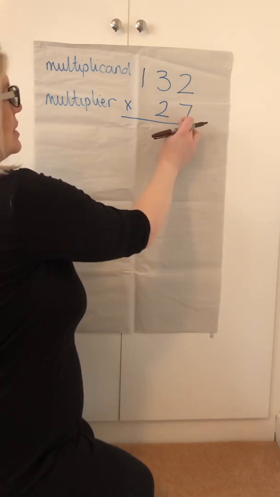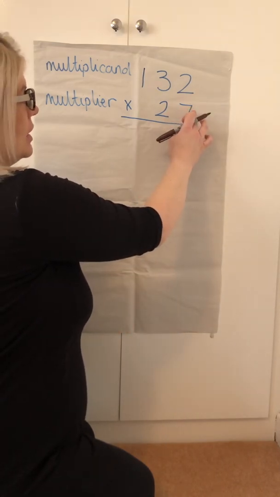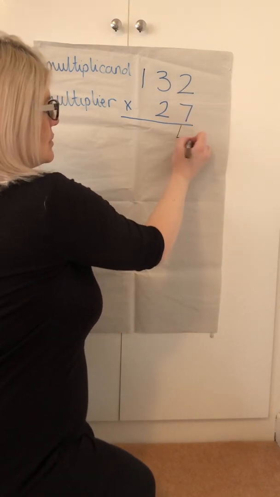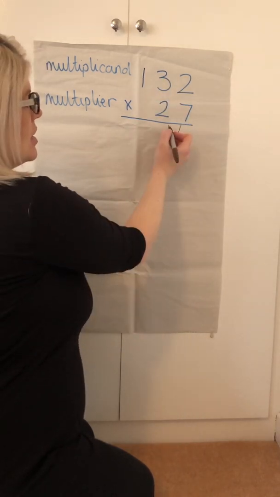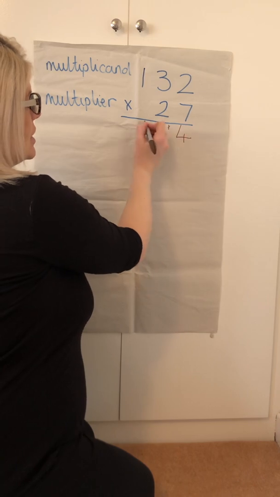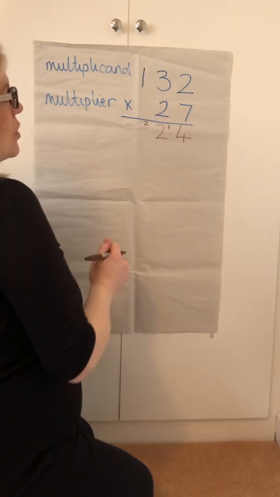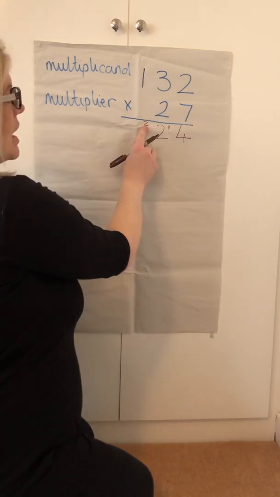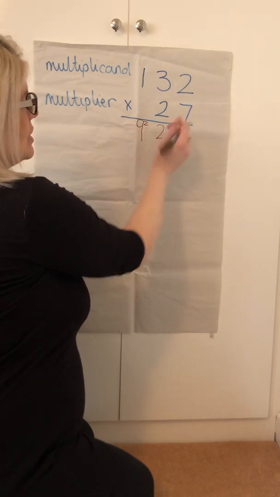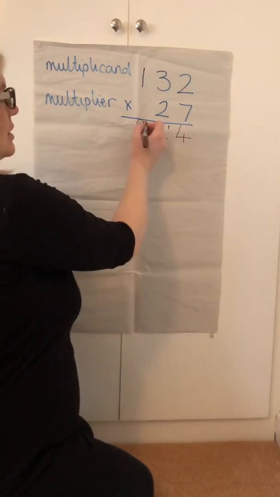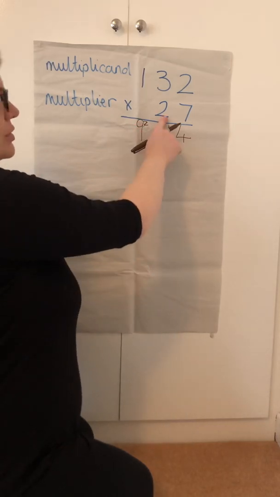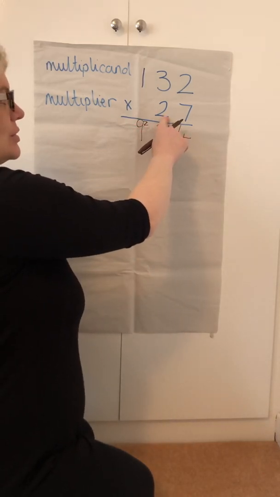So let's start with the 7 of the multiplier. 7 times 2 is 14, 7 times 3 is 21, add my 1, I'm going to get 22, 7 times 1 is 7, add my 2, and I get my 9. So my 1s, my 10s, and my 100s are all in a nice line. I am now going to multiply by the 20 or the 2 tens.